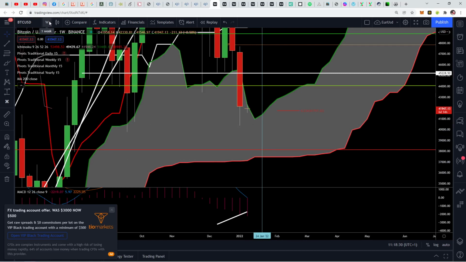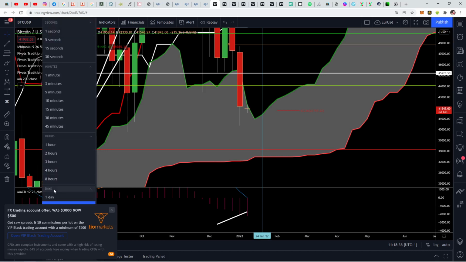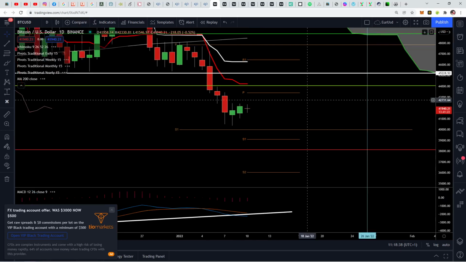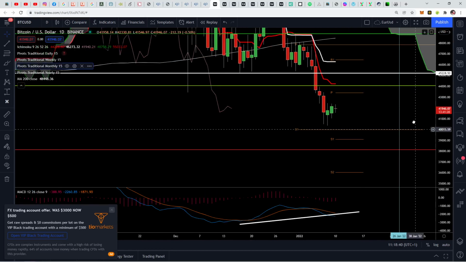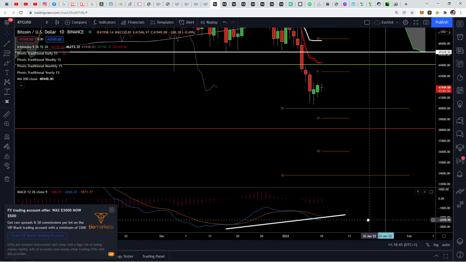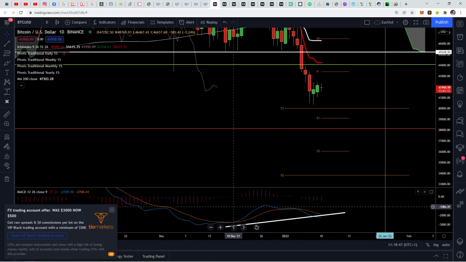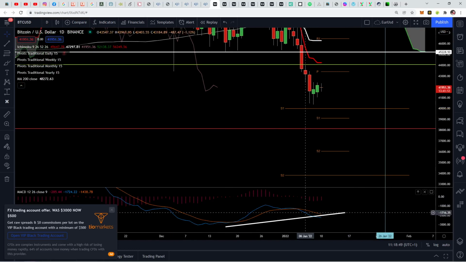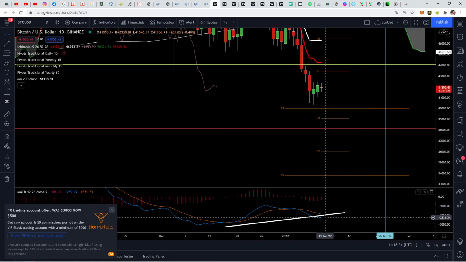Then we have some general indicators, I would say, that we need to address here in this situation, and that would be good to move up to the daily time frame. So in the last video I noticed, and I also talked about, the fact that we have this potential bullish divergence here.